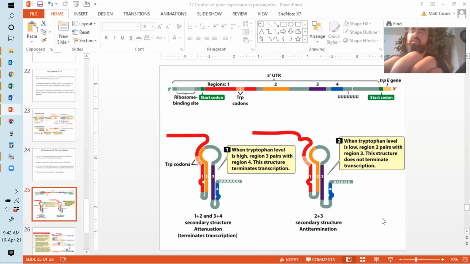So now we get some more conditional stuff, right? If the tRNA TRP is present, let's move this over a little bit.